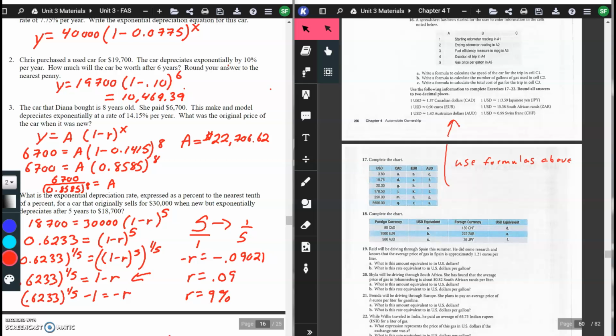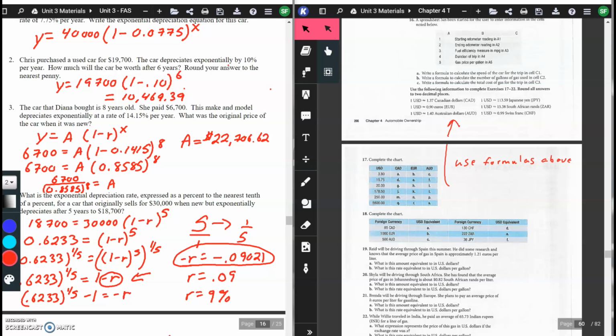We're going to get r by itself, so you're going to subtract 1 on both sides. Negative r equals 0.6233 to the 1/5 power minus 1, which gives you the decimal negative 0.09021.